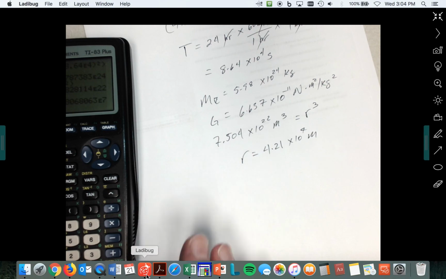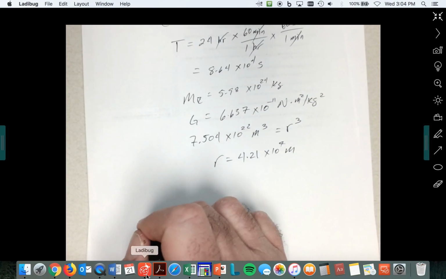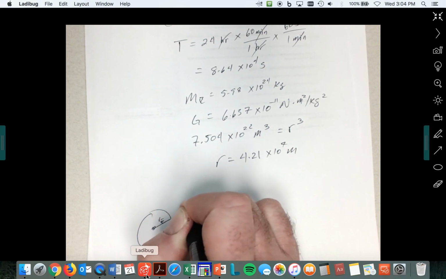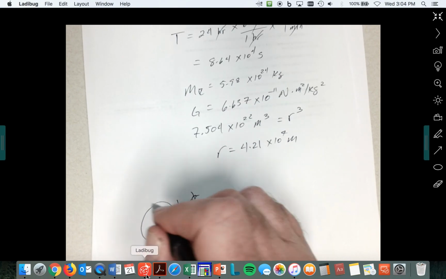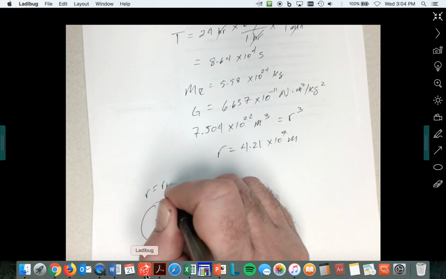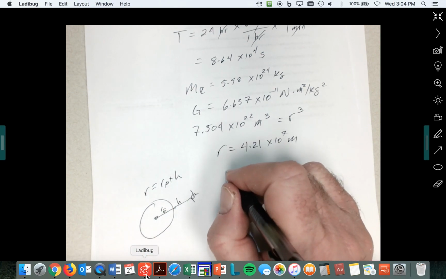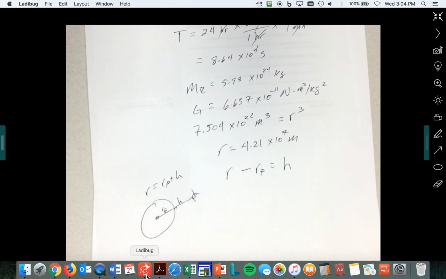Now that's not how high the satellite is. That's the radius, including the Earth's radius. So we've got an R_E here, plus we've got the satellite out here, H. So we've got R is equal to R_E plus H, remember. So we've got to subtract R minus R_E to get the height. But first we wanted to find out what its speed was.